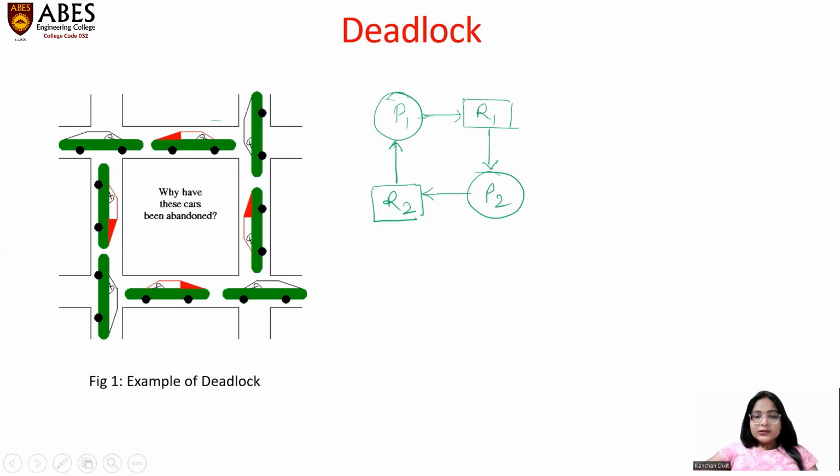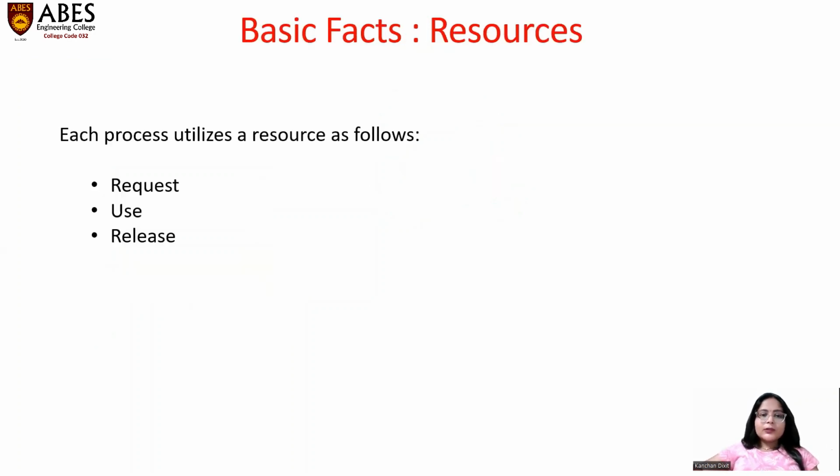So simultaneously, both processes P1 and P2 are waiting for each other to complete their execution, so that they can finalize their work by accessing each and every resource. This is deadlock.